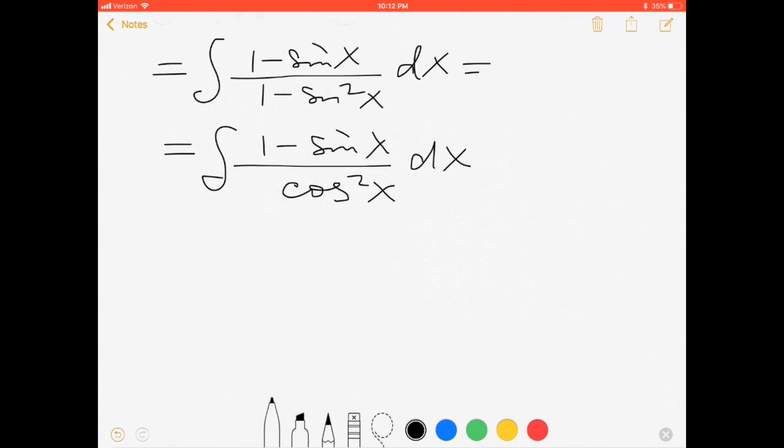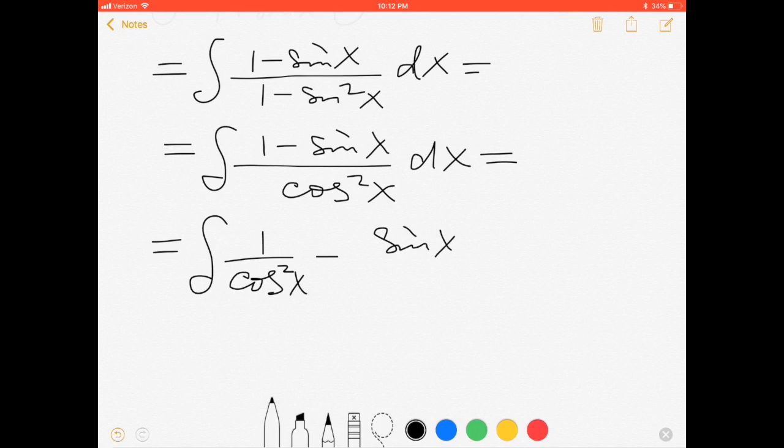Now we need to use rule number 2, separate the numerator. And what do we have? 1 over cosine square x minus sine x over cosine square x dx.